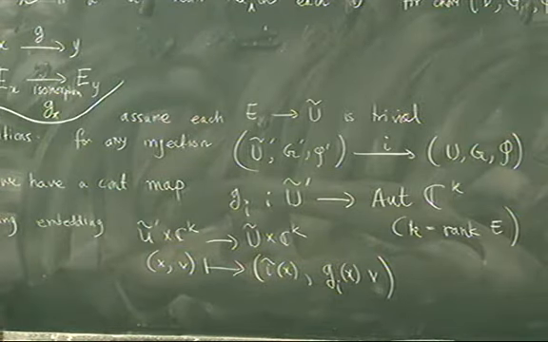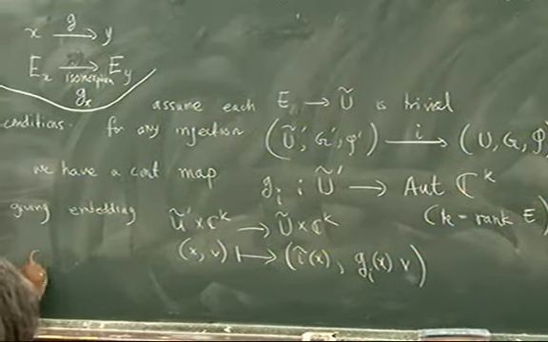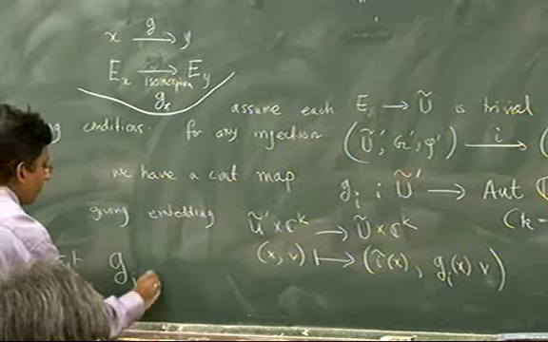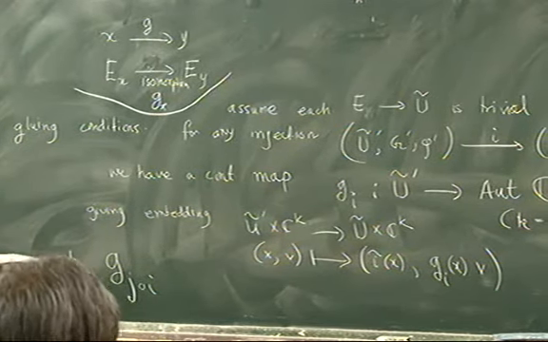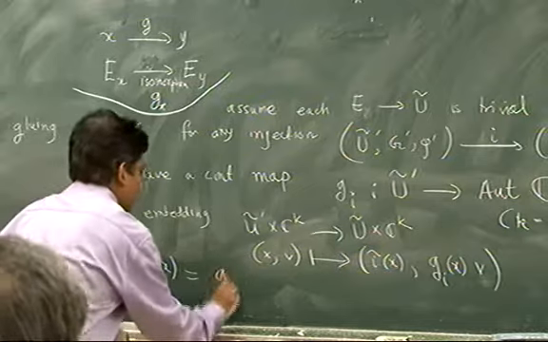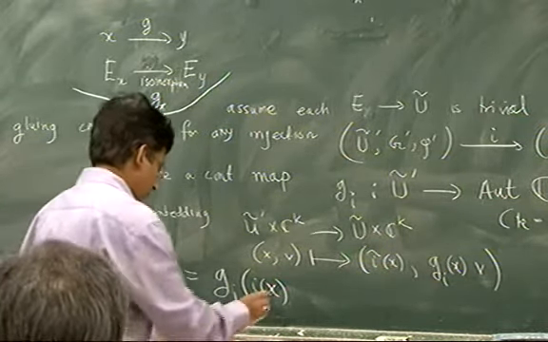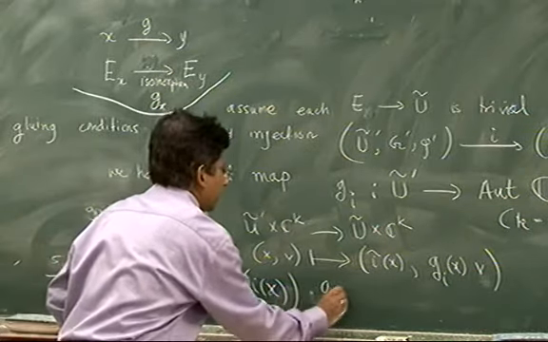And you need the composition law: G_{J∘I} at x is G_J of I x composed with G_I of x.